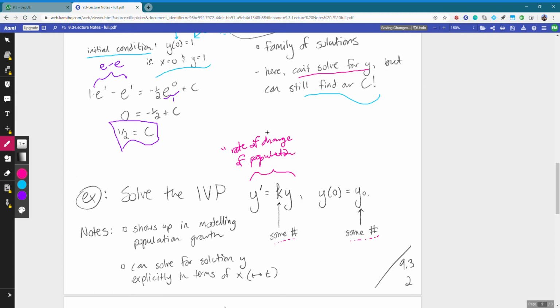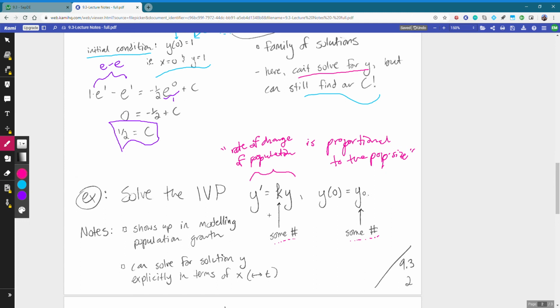And on the right, equals some constant times our population, you'd say is proportional to the population size. And this is often a physically realistic and reasonable assumption to make.